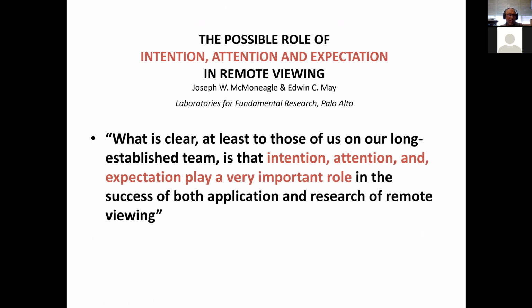Right now, for those of you who are still with me, why don't you take a deep breath? We're going to start relaxing. And key things which Joe McMonagle, best public remote viewer, I think, in the world, Ed May, scientist still working this, worked it for many, many years, and concluded that intention, attention, and expectation are three key things to successful remote viewing, which means successful ARVing as well.